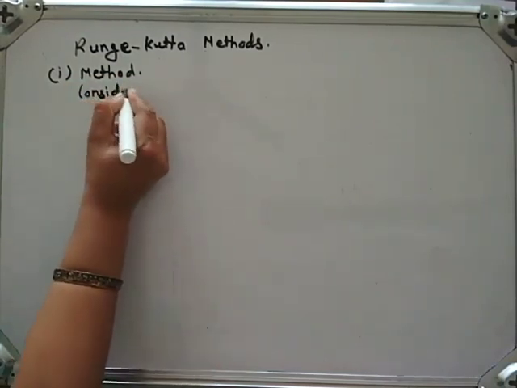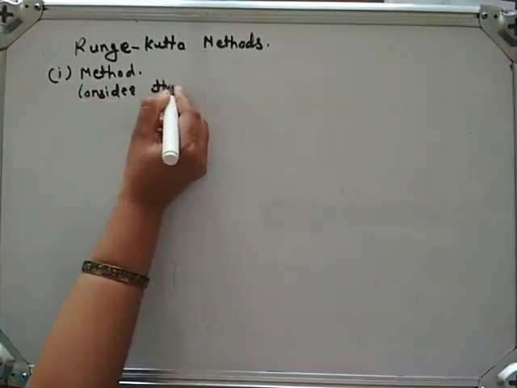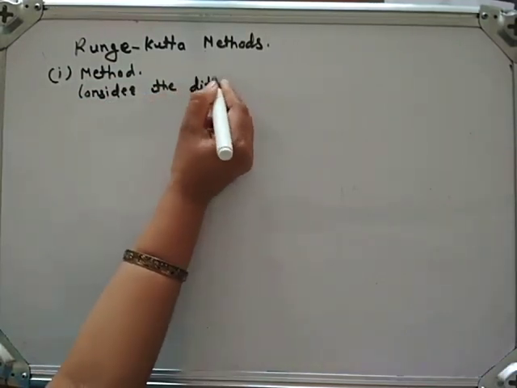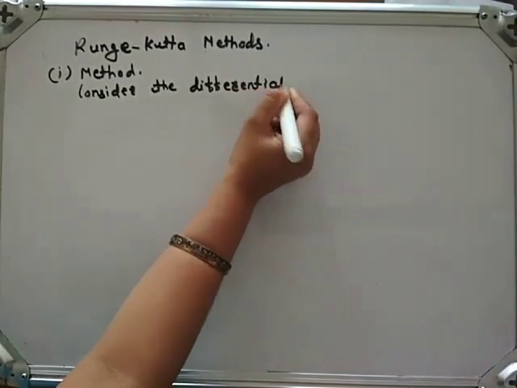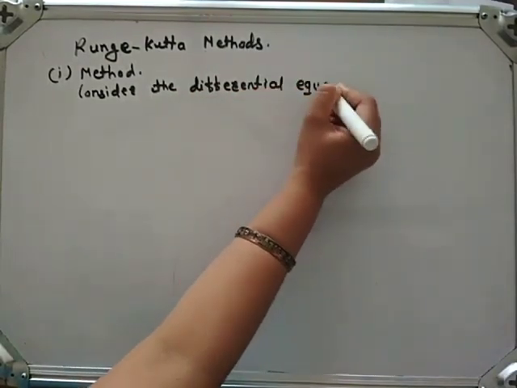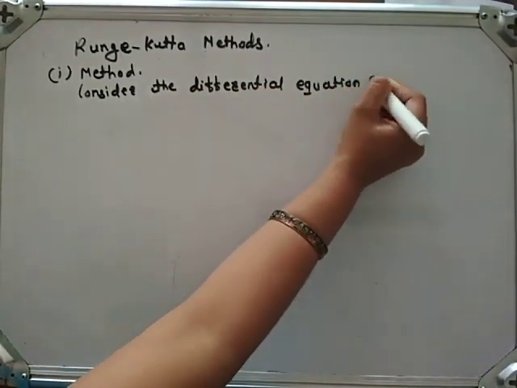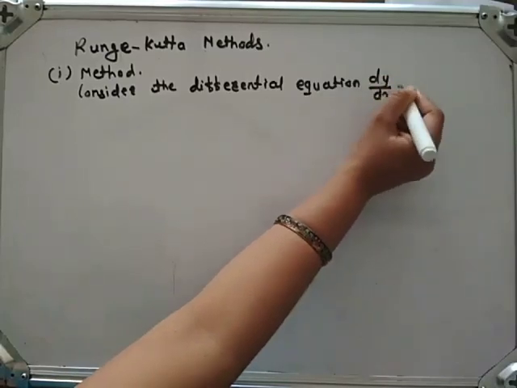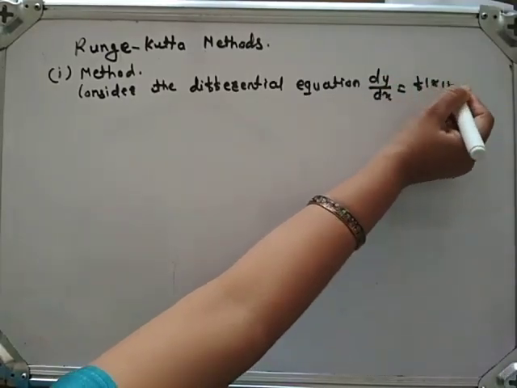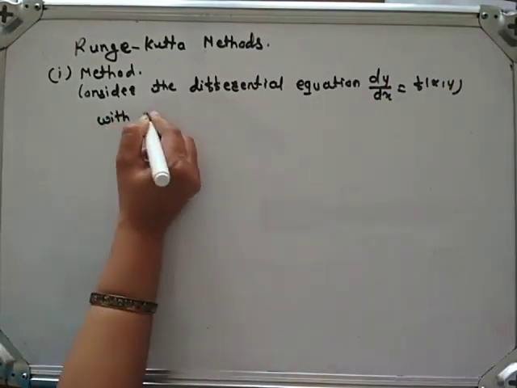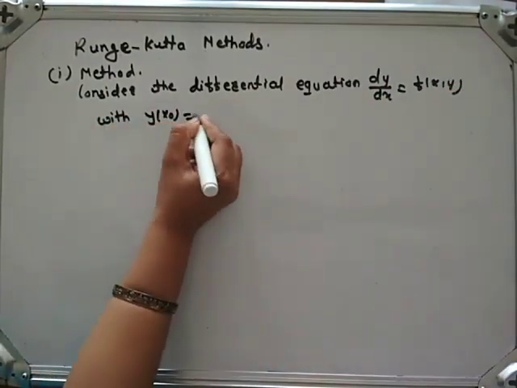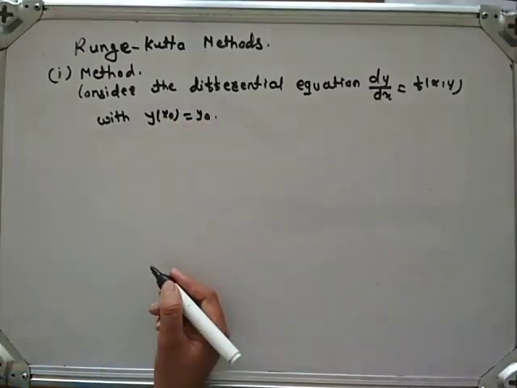Consider the differential equation dy by dx is equal to f of x, y with y of x0 is equal to y0.